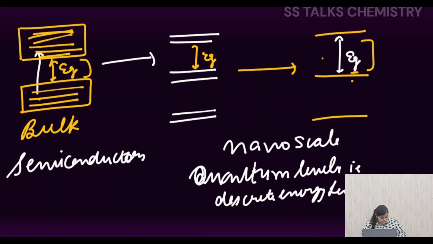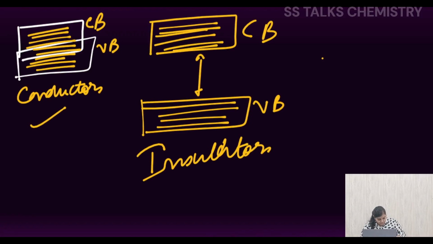Now what happens in the metals? Metals basically are your good conductors of electricity. So this type of scenario is there, that is of the conductors. An overlap is there between the valence band and the conduction band. As you shift from the bulk material to the nanomaterial in the case of conductors, conduction is still going to be there.